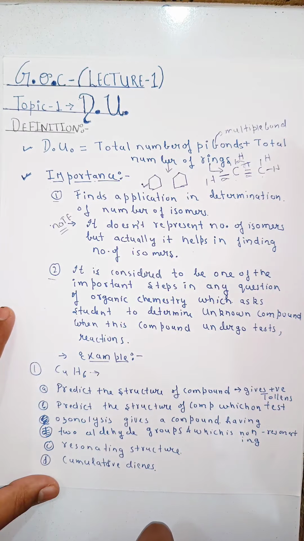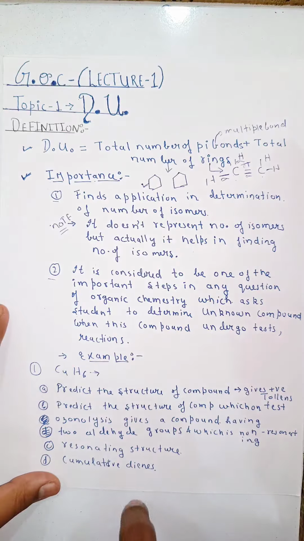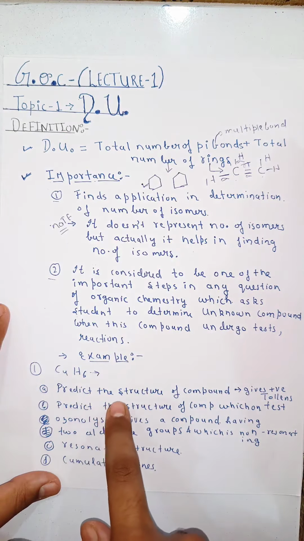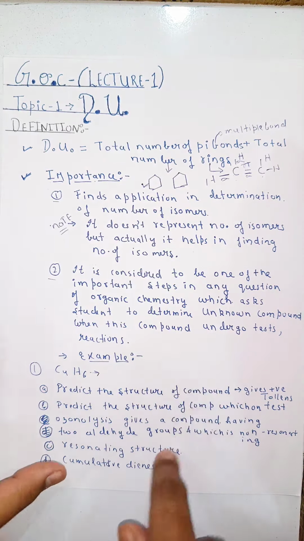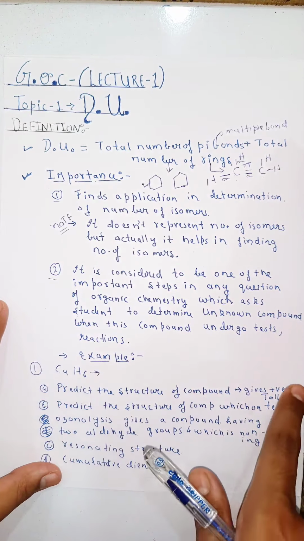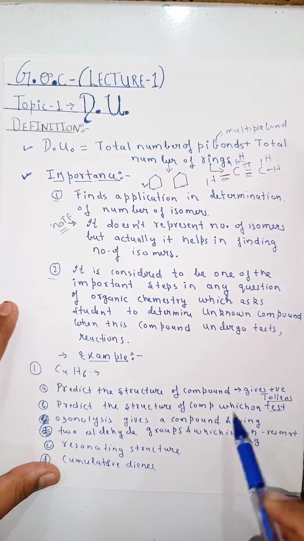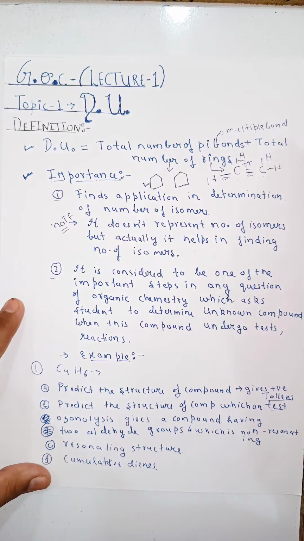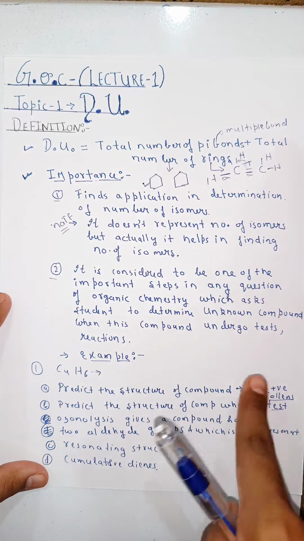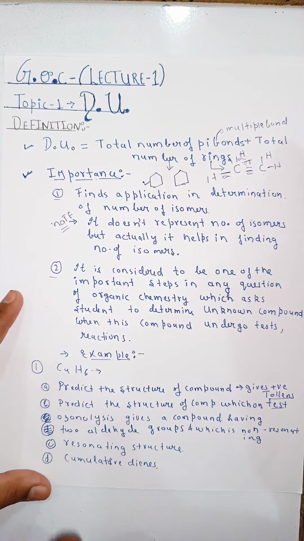So they are actually asking about different types of compounds. In the first question they have asked to predict the structure of the compound with formula C4H6 which will give a positive Tollens test. This is a test in organic chemistry. As we move further, I will tell you which compounds give this test and what different types of compounds can give this test.